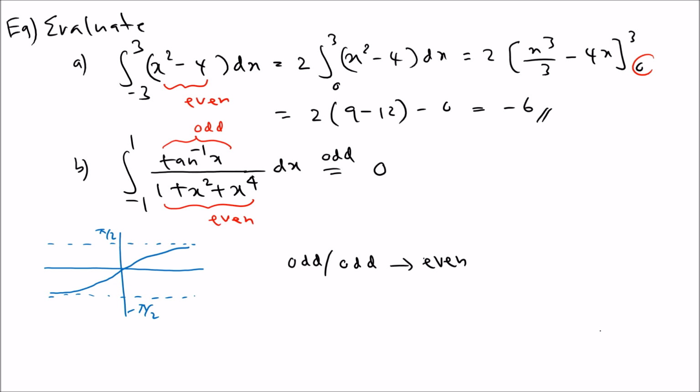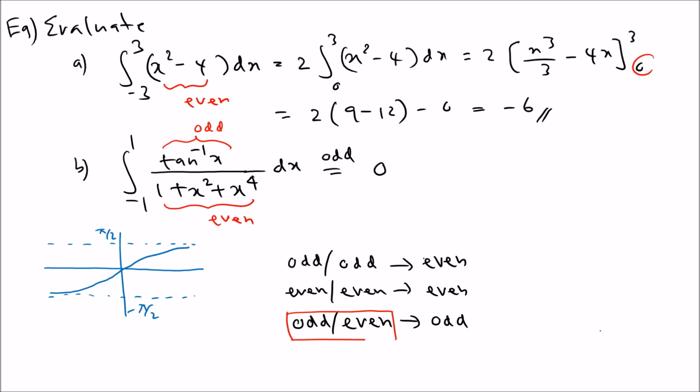If you have even and even, it is even. If you have odd and even, multiply or divide, it doesn't matter, it is an odd function. If they are different, it is odd. That's how I remember. Whether you multiply or divide, it doesn't matter.